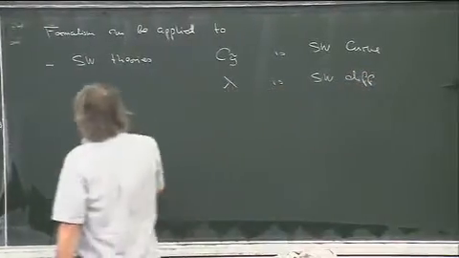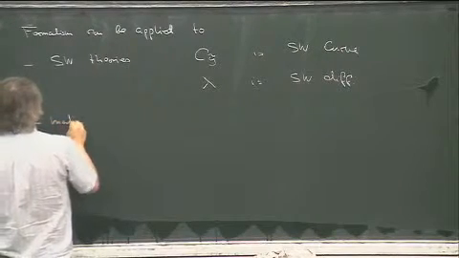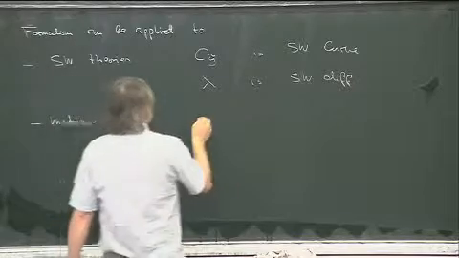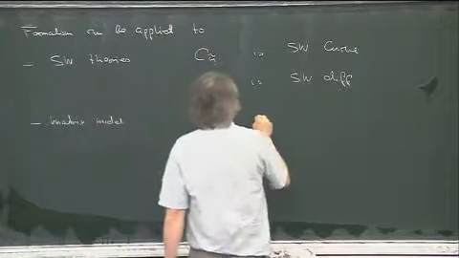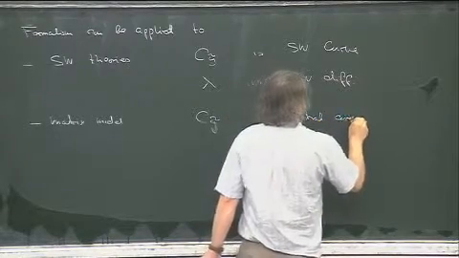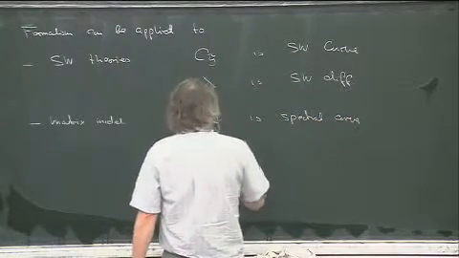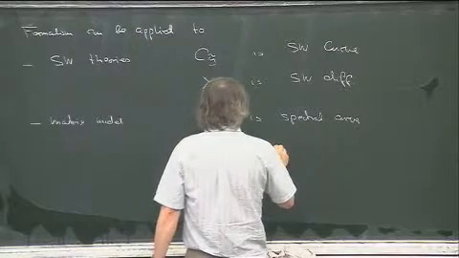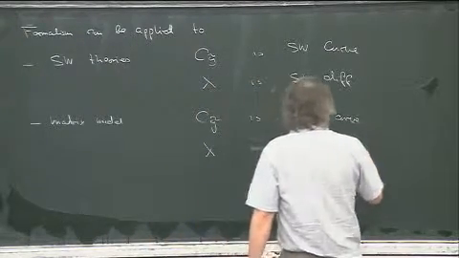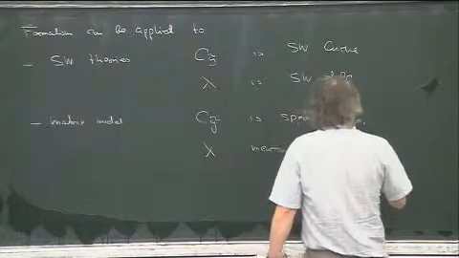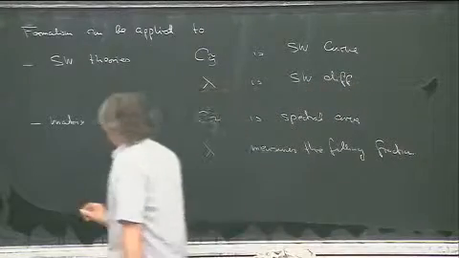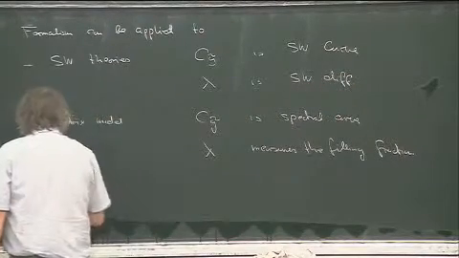And then it can also be applied to matrix models. Then C_g̃ is the spectral curve, and lambda is the differential which measures the filling fractions. And finally, it can be applied to topological string.